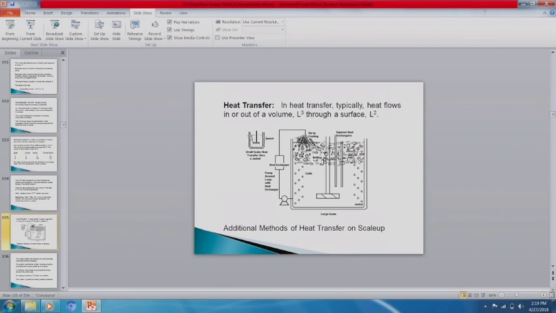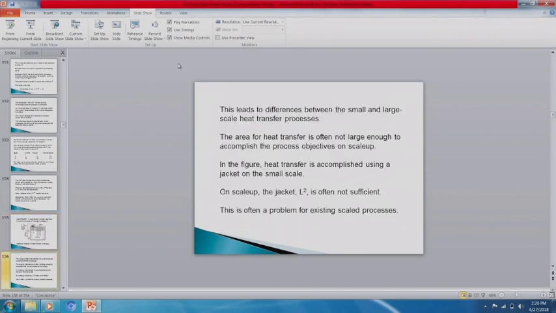This jacket is a jacket of a vessel, small scale. It works fine. However, when you scale up, you often find the jacket for a large vessel is not adequate enough to heat and cool it, right? So this leads to differences between small and large scale heat transfer processes. On scale up, the jacket is not sufficient.